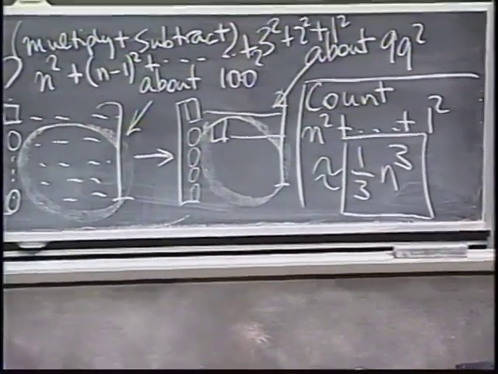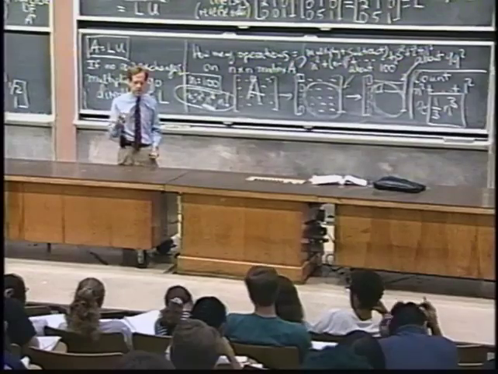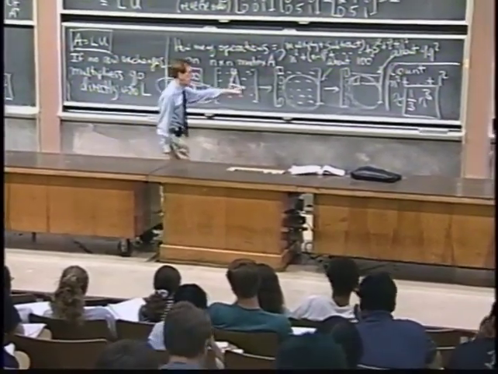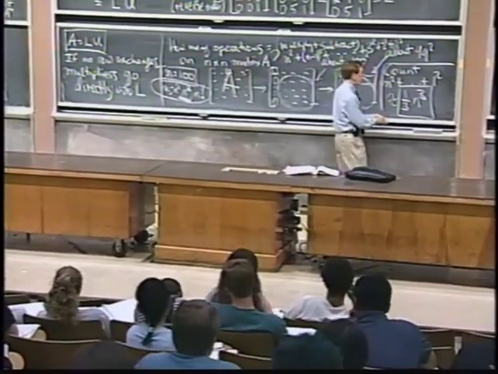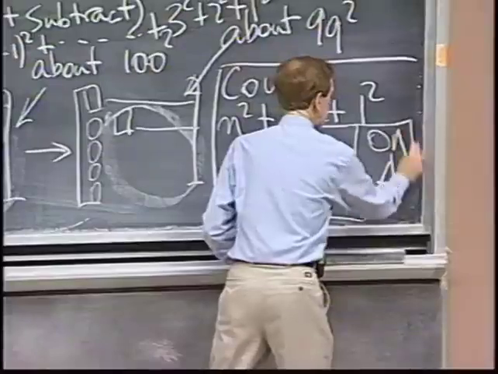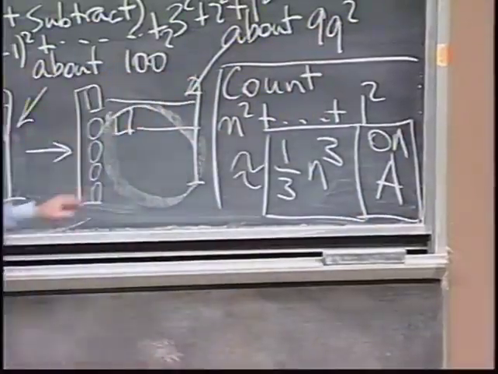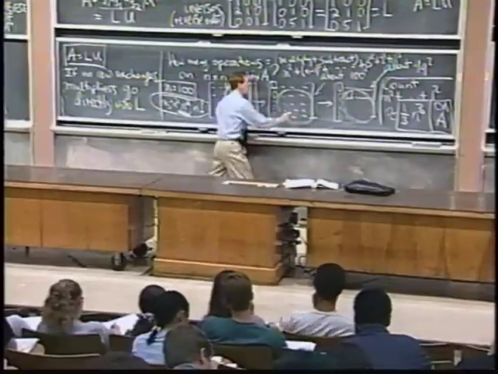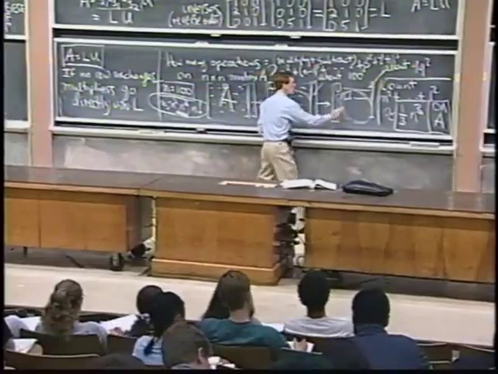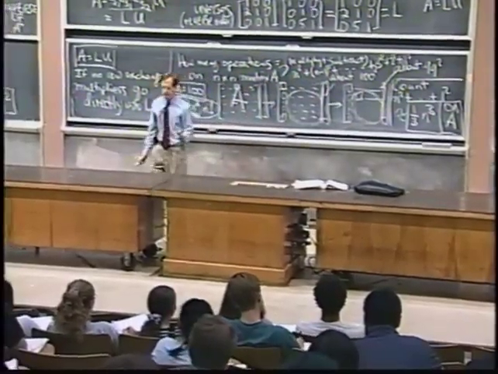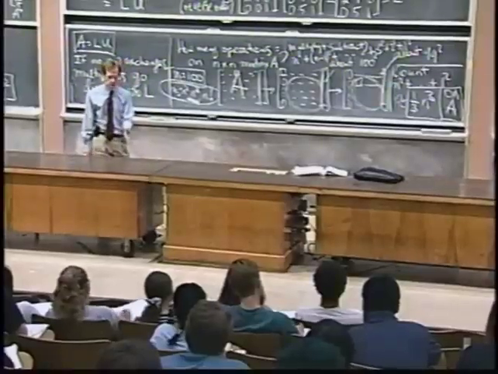Now let me say one more thing about operations. What about the right-hand side? This was what it costs on the left side, on A. But what's the cost on the extra column vector B that we're hanging around here? B costs a lot less, obviously, because it's just one column.